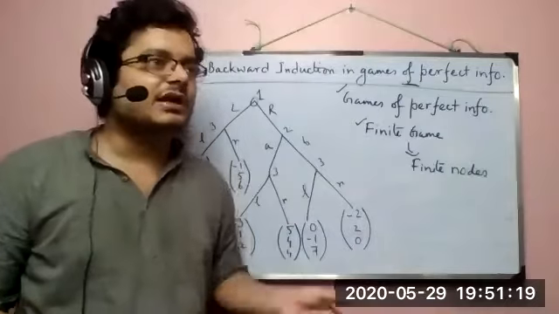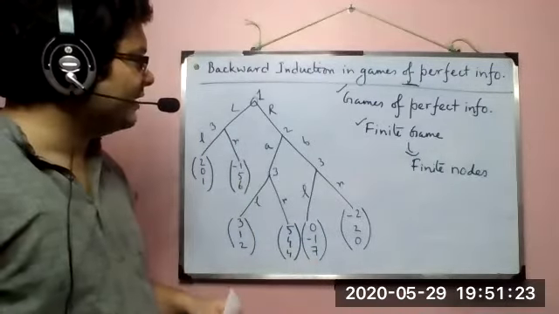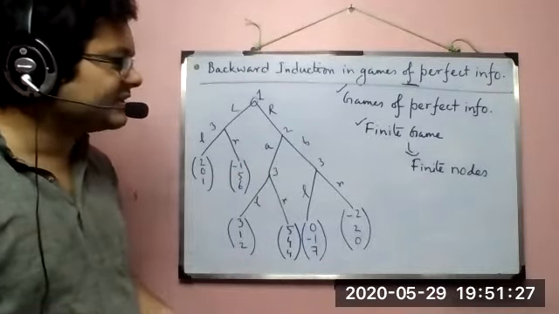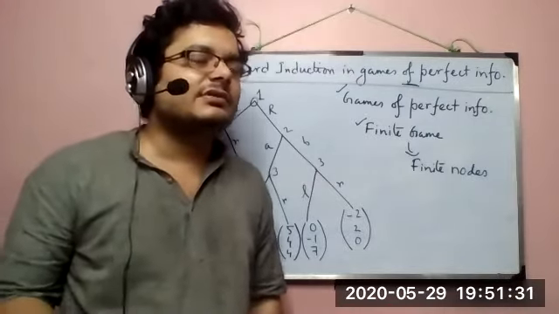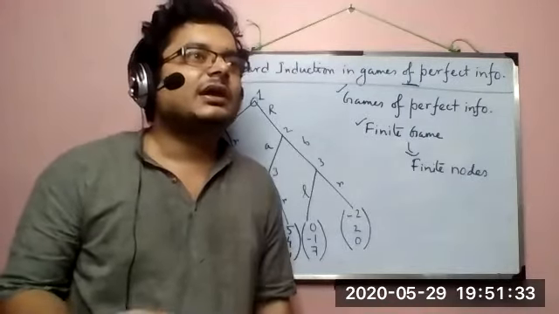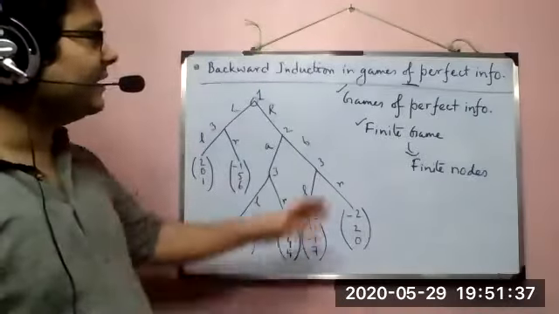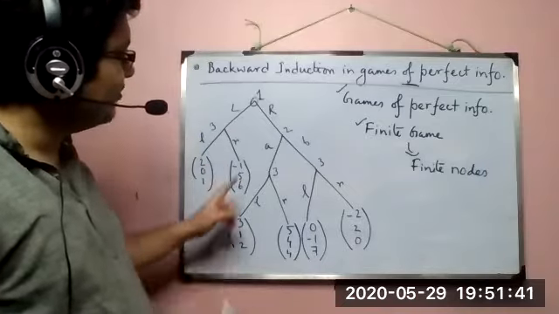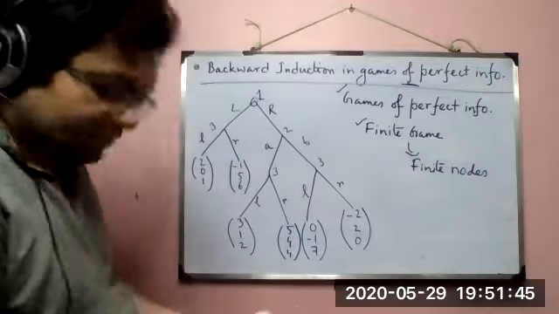If you study infinite games in future, you will see that the results are very different from these kinds of finite games. This simple fact changes a lot of things. Anyway, here we are with finite nodes, and every information set containing one single node. So, like earlier, we know the method.